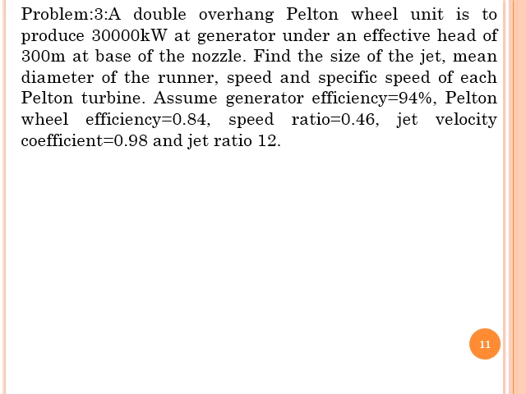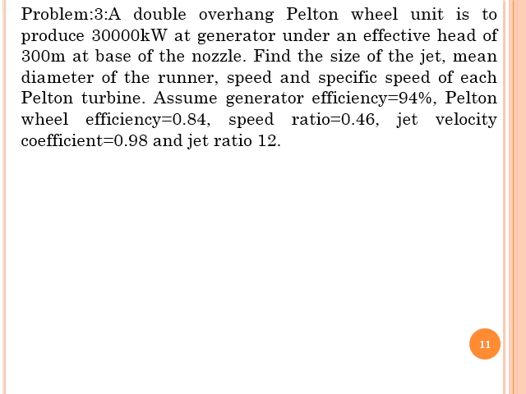Find the size of the jet, mean diameter of the runner, speed and specific speed of each Pelton turbine. So now assume generator efficiency is 94%, Pelton wheel efficiency is 84%, speed ratio is equal to 0.46, jet velocity coefficient 0.98 and jet ratio is equal to 12.